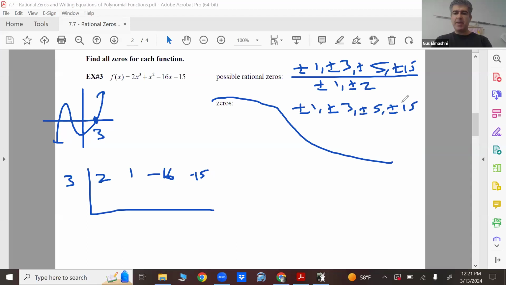So I know it's a pain, but let's not get lazy. Plus or minus half, plus or minus 3 halves, plus or minus 5 halves, plus or minus 15 halves. Do we see 3 as one of the possibilities here? Yeah. And wherever we saw something between -2 and -3, let's probably do the plus minus 5 halves.